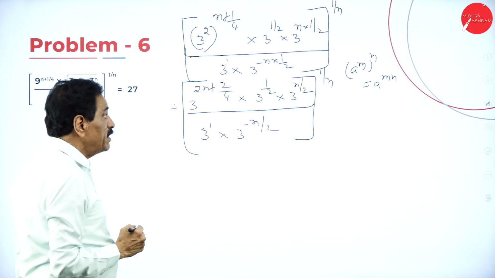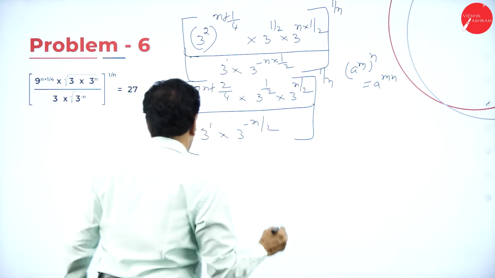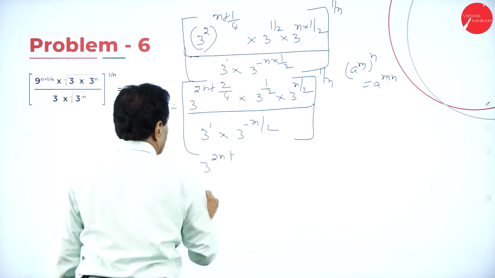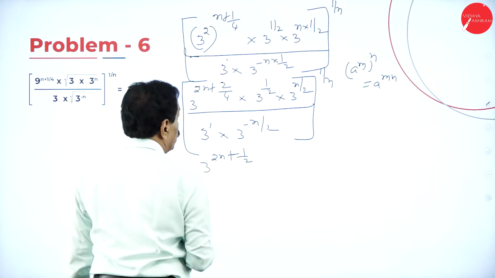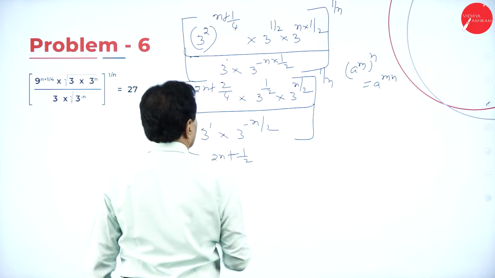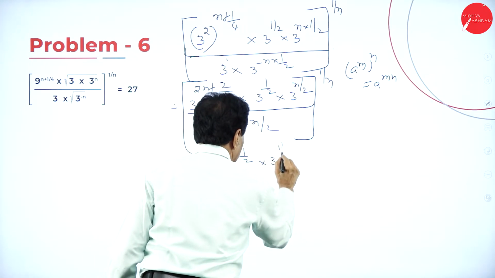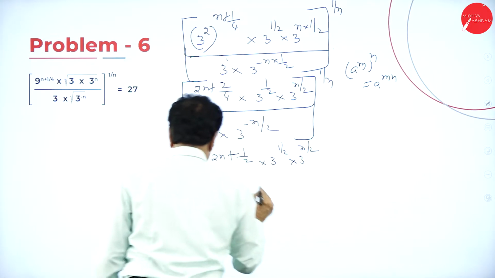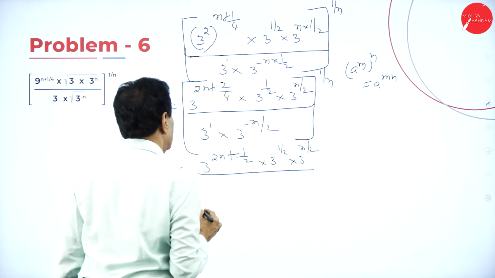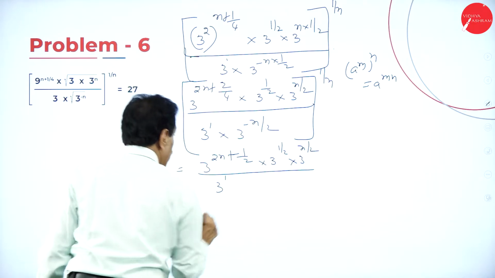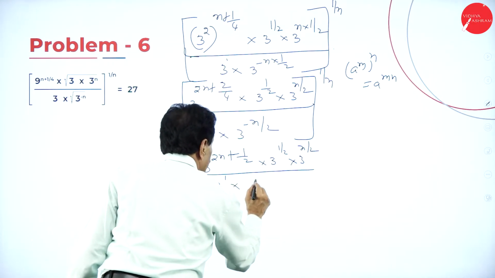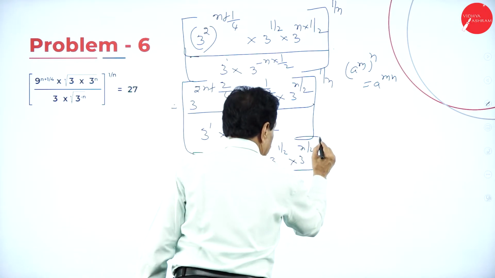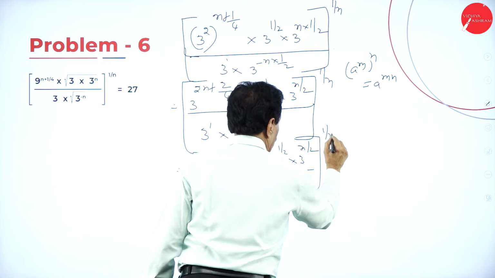So simplify this. This is 3 to the power of 2n by 2, then 3 to the power of half, 3 to the power of n by 2, divided by 3 to the power of 1 into 3 to the power of minus n by 2, whole to the power of 1 over n.